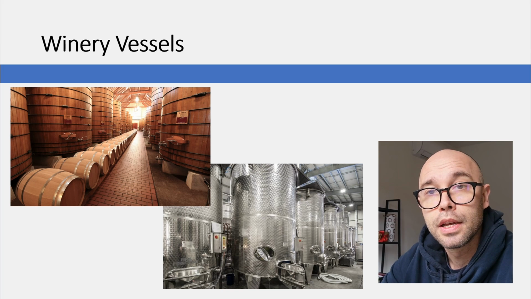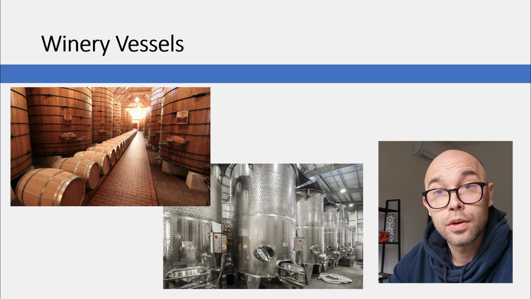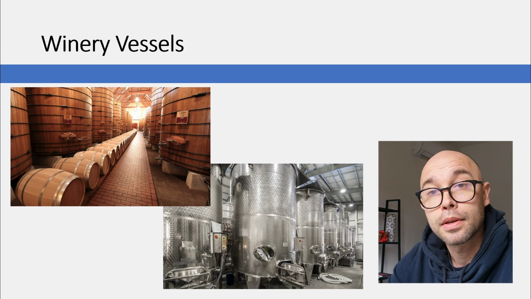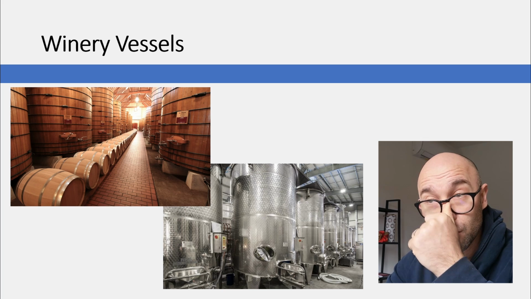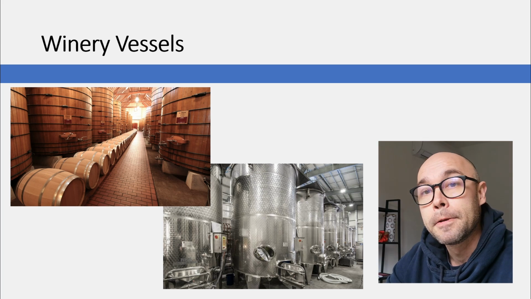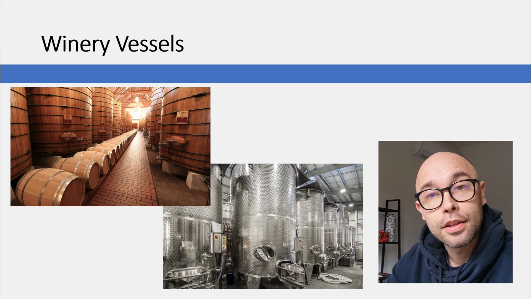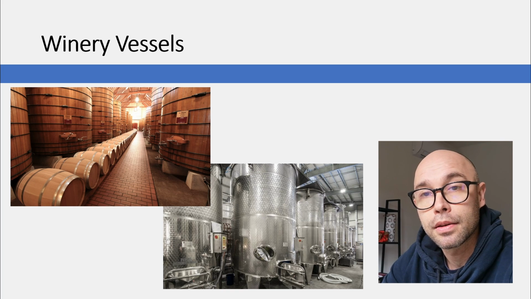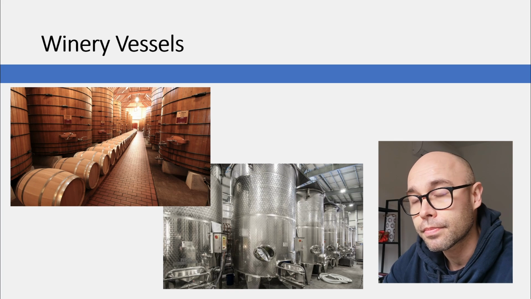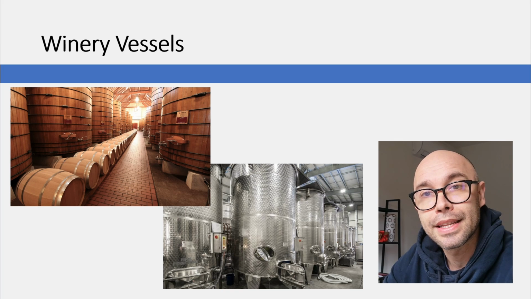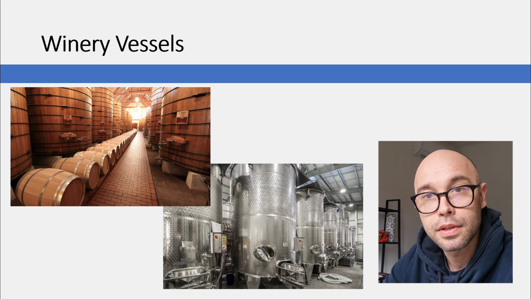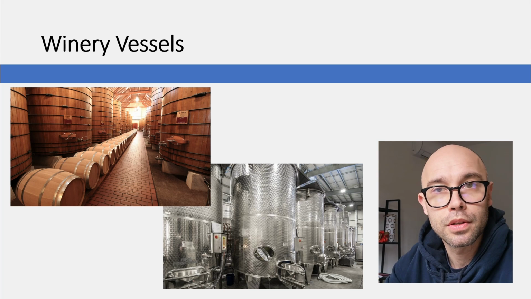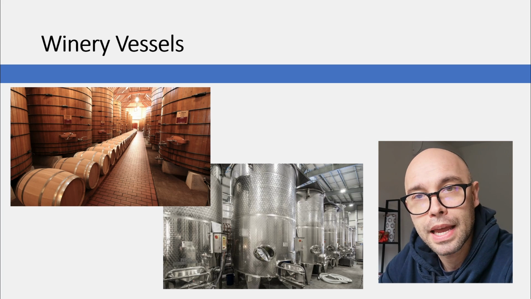So usually when the oak barrels are made, because they're so strong and hard, they need to be bent. In order to bend them you need to use heat, usually fire, and the level of fire that you use determines the toast level that the barrels have.